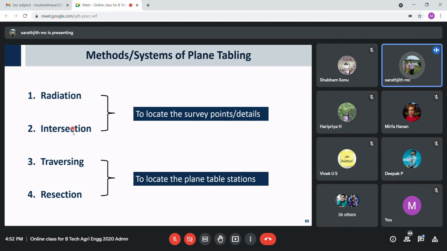Okay, radiation and intersection are generally used to locate survey points or the detailed points, while traversing and resection are used to locate the instrument station. This you have to keep in mind. Don't forget this one. Okay. Radiation and intersection for survey points or the detailed points, but traversing and resection for plane table stations.